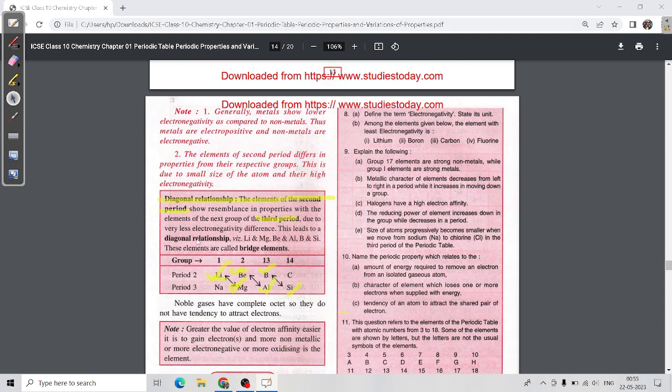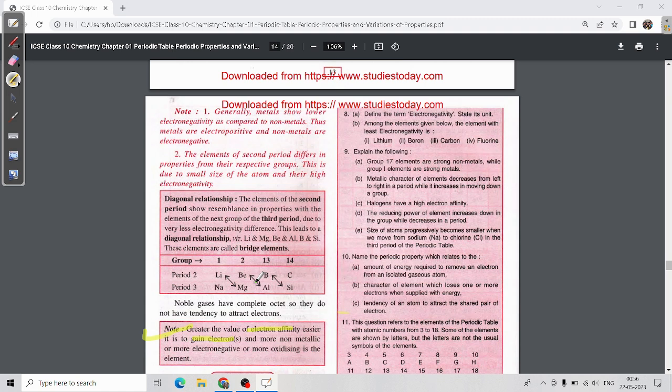Now, there is a note given which is very important for you, that the greater the value of electron affinity, the easier it is to gain electrons. We discuss in the second chapter that the value of electronegativity in ionic bonding should be, sorry, it should not be less, it should be greater than 1.8.